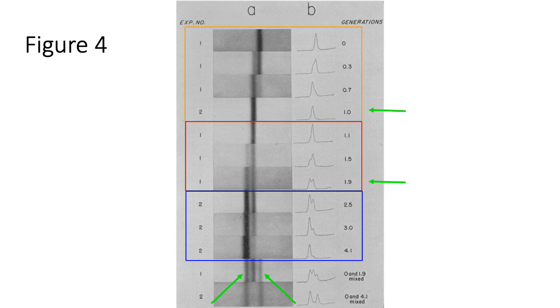That is half N14, half N15. The bottom row in the red box is half N14. That's the one band is N14. And the other band are half N14, half N15. And then the bottom row of the blue box is mostly N14 and just a little bit of N15 left.